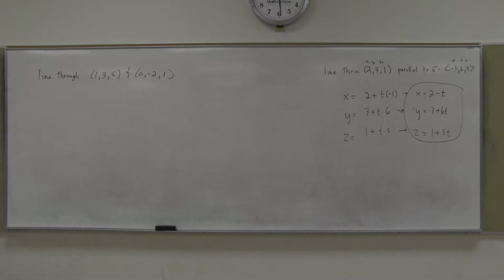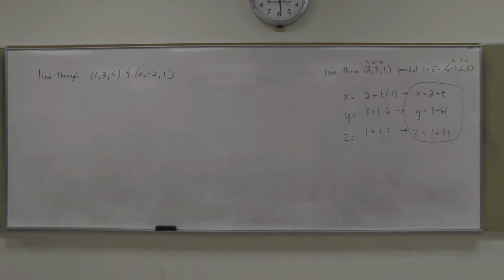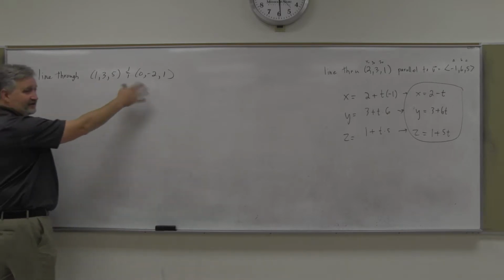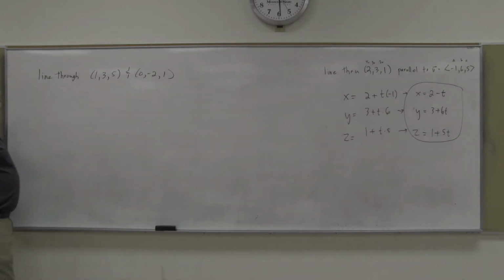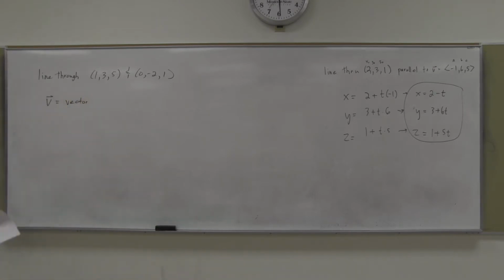Well, to use that form, you need a point, and a parallel vector. You've got a point, you've got 2 points, and the vector we're going to use here would be the vector that goes between these two. So V then is just going to be the vector between those 2 points. And that would certainly be a vector that would be parallel to the line that we need.